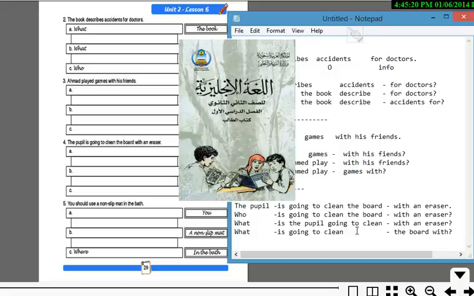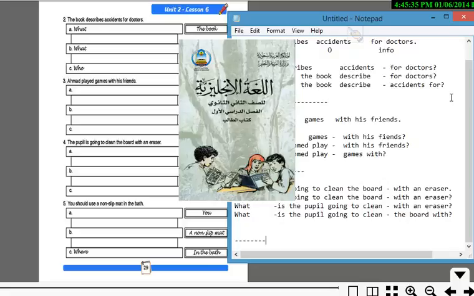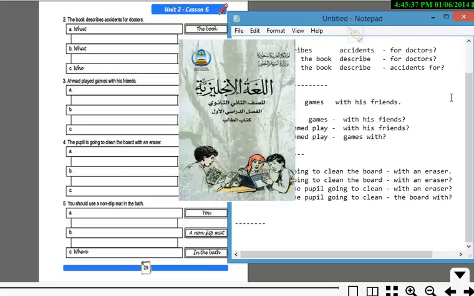What is the pupil going to clean the board with? All right, so there you go. Here is your question. I know it took you long, but let me just finish it here for you.